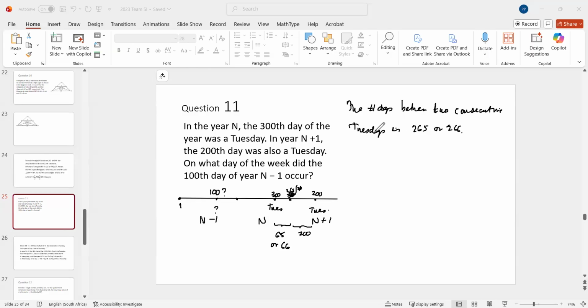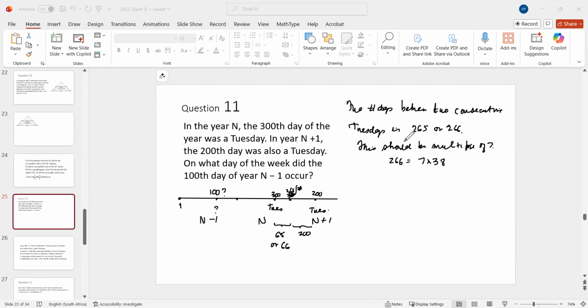But if you've got consecutive Tuesdays, all Tuesdays are 7 days apart from each other. You keep adding Tuesdays, so the difference between any two Tuesdays is a multiple of 7. This should be a multiple of 7. And you will see that 266 is actually 7 times 38.